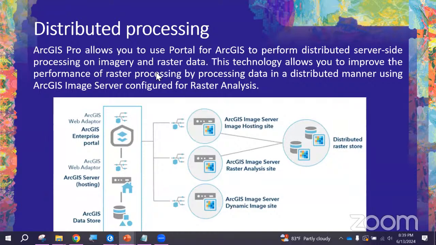Distributed processing. It's another new thing for you because you usually work with images inside your machine or inside your environment. But if you take the organizations in the world, they have centralized image services.